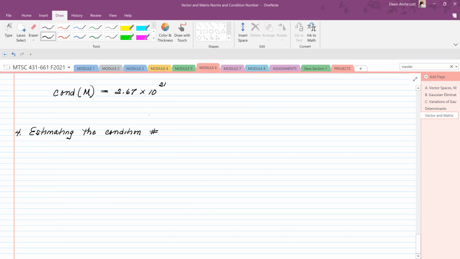Okay, so computing A inverse and its norm is expensive. All right, and gives rise to error and may have round off errors.